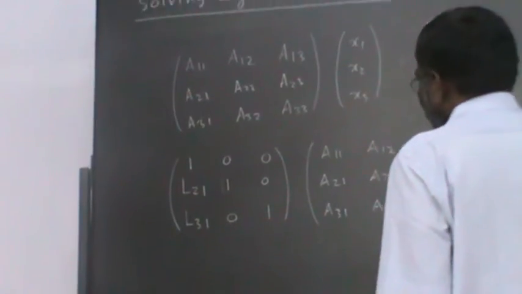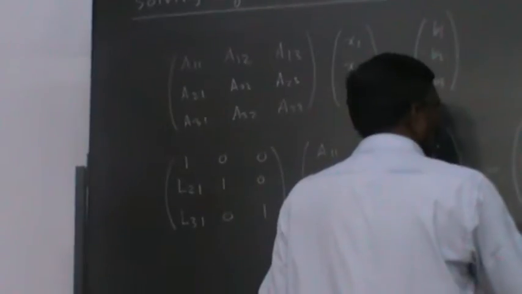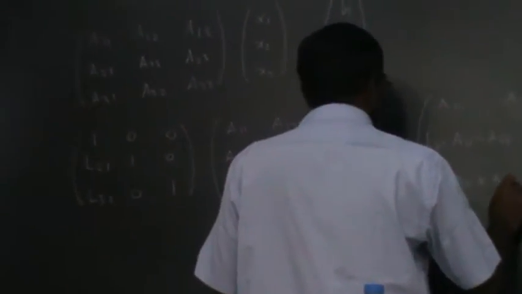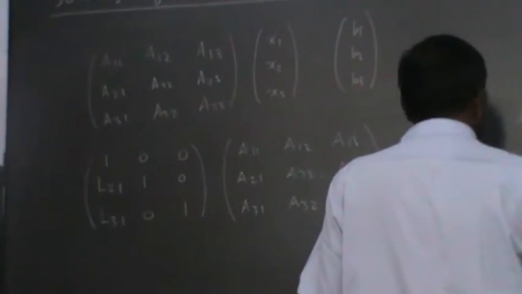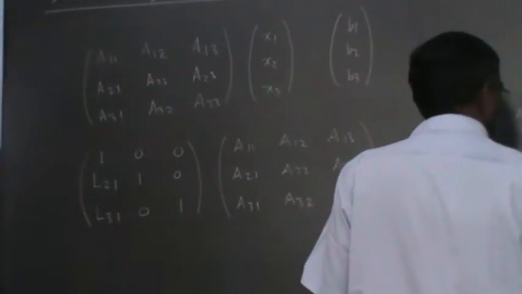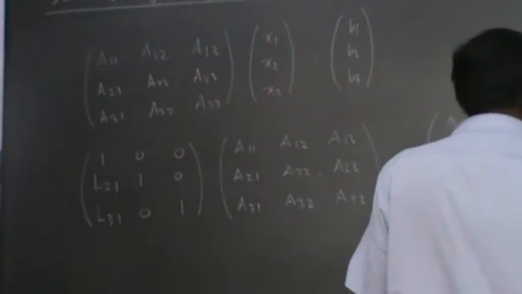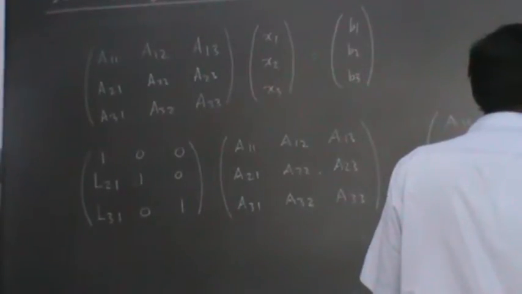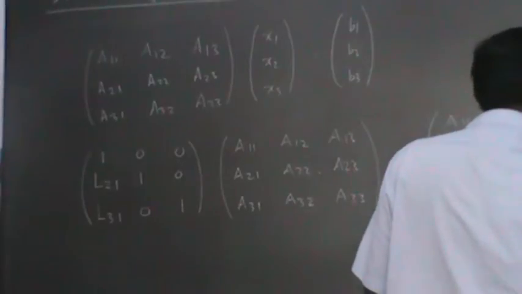Similarly, I will get L31 A11 plus A31, L31 A12 plus A32, and L31 A13 plus A33. So this is what I will get.